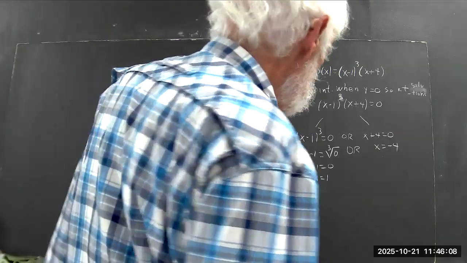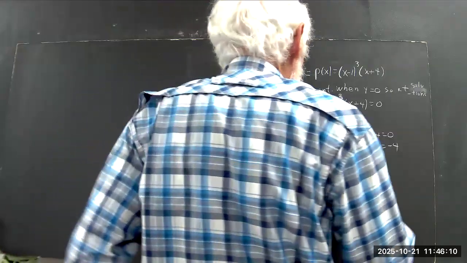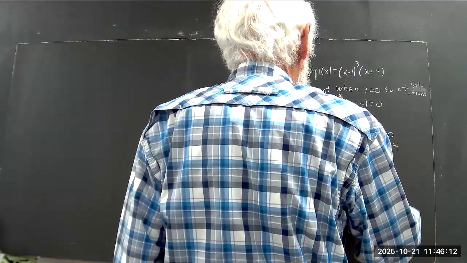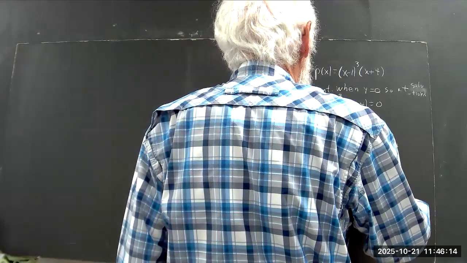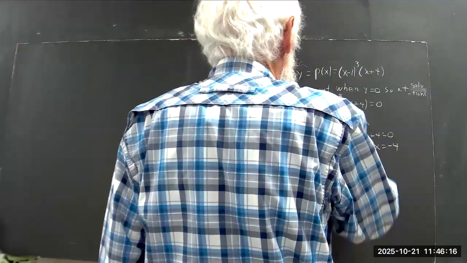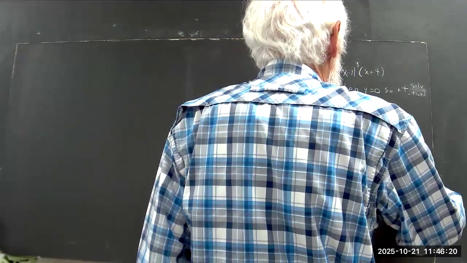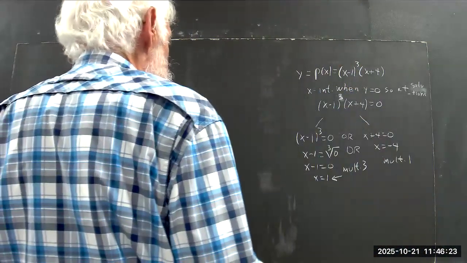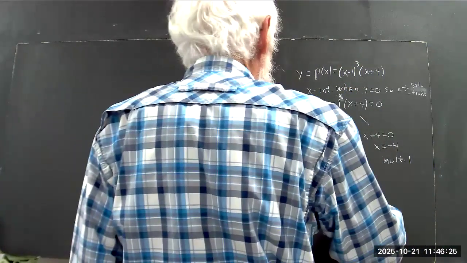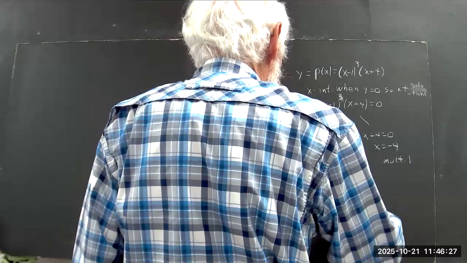So it's very easy to solve. What we want to look at here is the multiplicity of this one is 3 because of the cube. Multiplicity is 1.